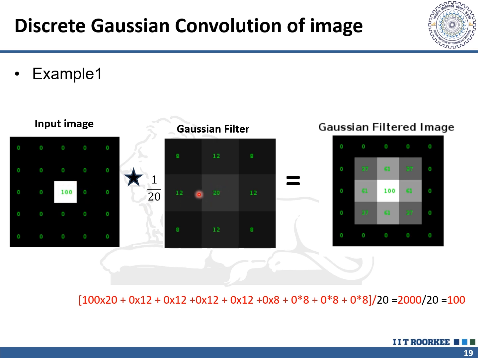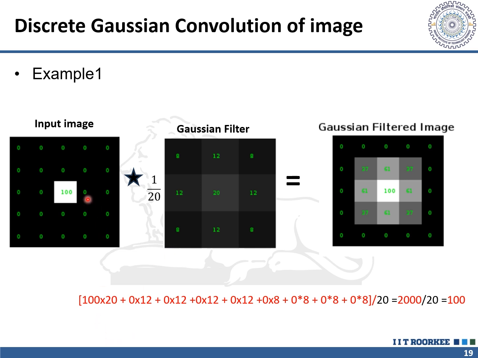So overlap this 100 and 20, match their centers, and multiply the corresponding elements. So this 20 will be multiplied by 100, this 12 will be multiplied by 0, this 12 by this 0, this 8 by this 0, and this 8 by this 0. It is like the superposition of this filter over this input image.